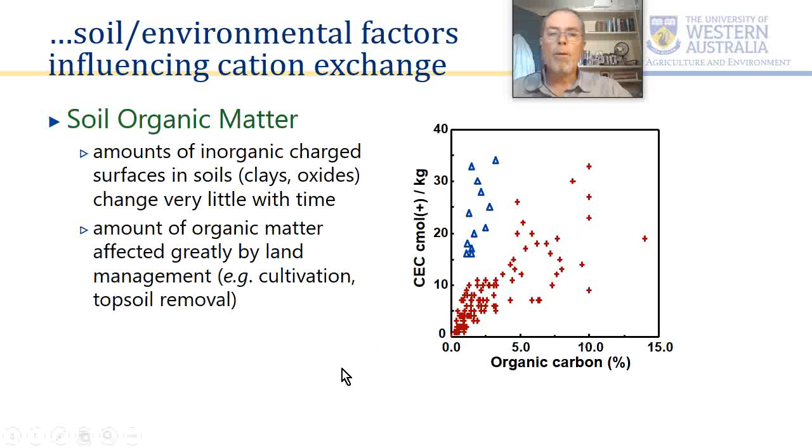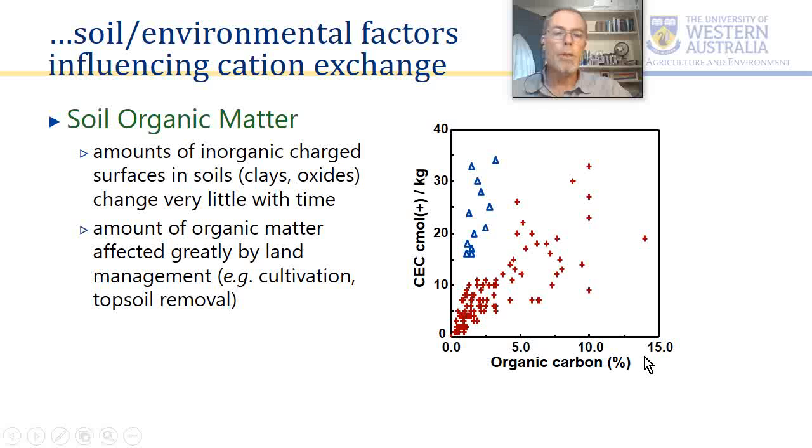Okay, one final thing. In Western Australia, and these data are from Western Australia, there is a much stronger correlation of organic carbon to CEC than just about anything else, except for a few soils where there are many 2-to-1 clay minerals like vermiculites or smectites. So it seems like the main driver of cation exchange capacity is organic carbon content.